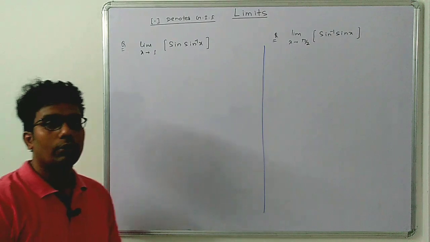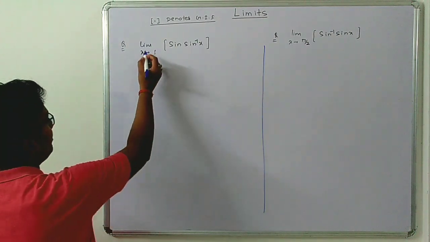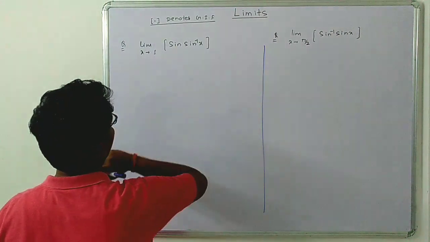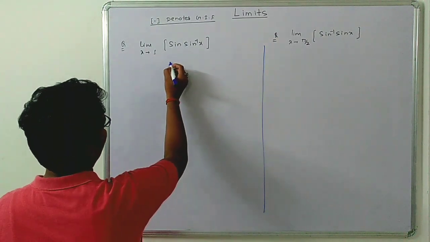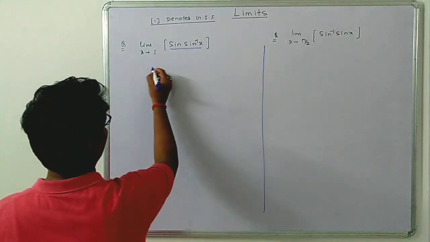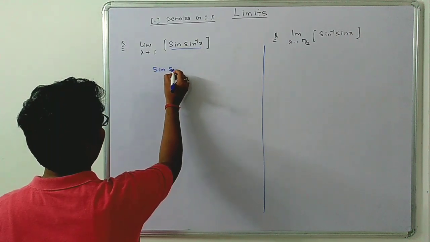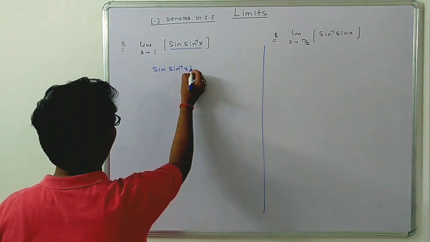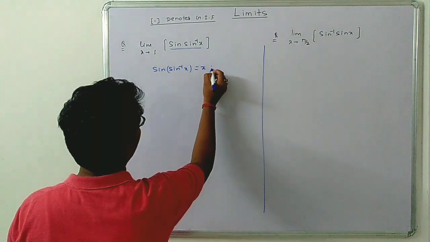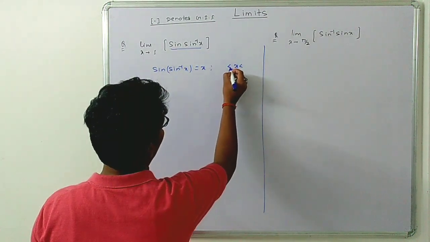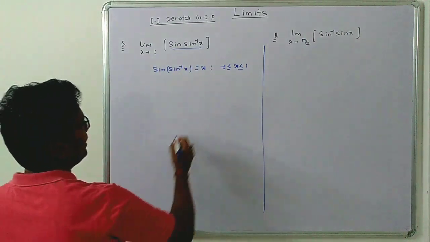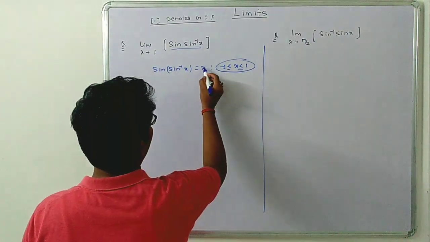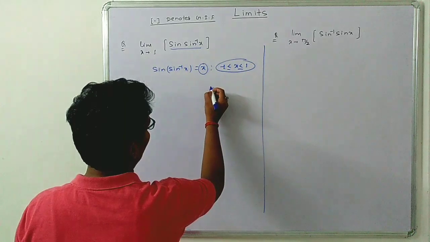Coming to the next question. The next question is limit x tends to 1 of the greatest integer of sine inverse of x, right? If you have studied inverse trigonometric functions, then you must know that sine inverse of x is defined with the domain from minus 1 to plus 1, and its range is also from minus 1 to plus 1, right?